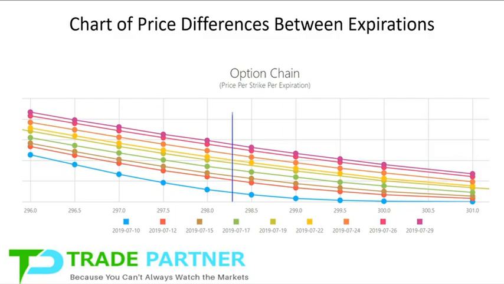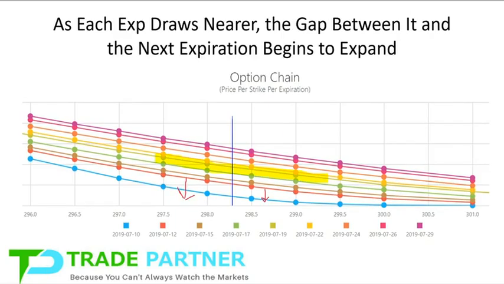What happens almost every single time is you're going to see the next option expiration begin to separate itself from the further option expiration. So tomorrow, you're probably going to see a bigger gap, especially since there are a couple of announcements coming out.